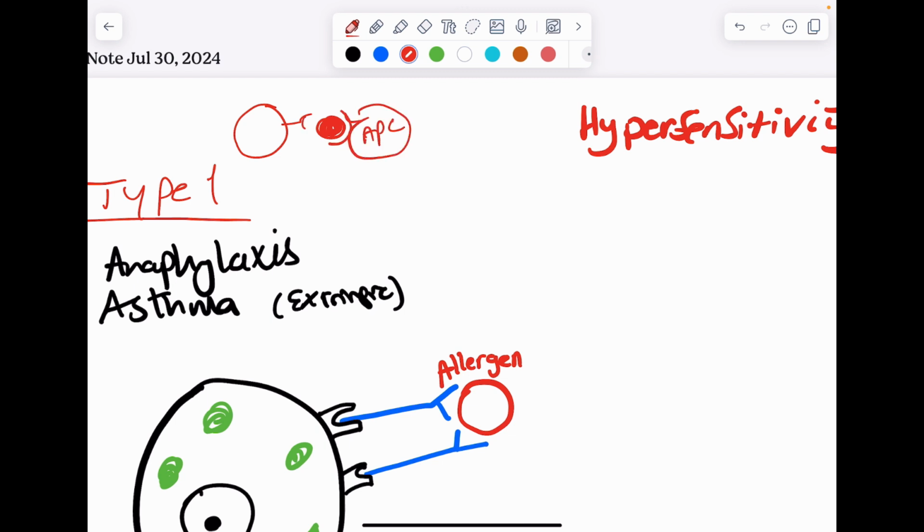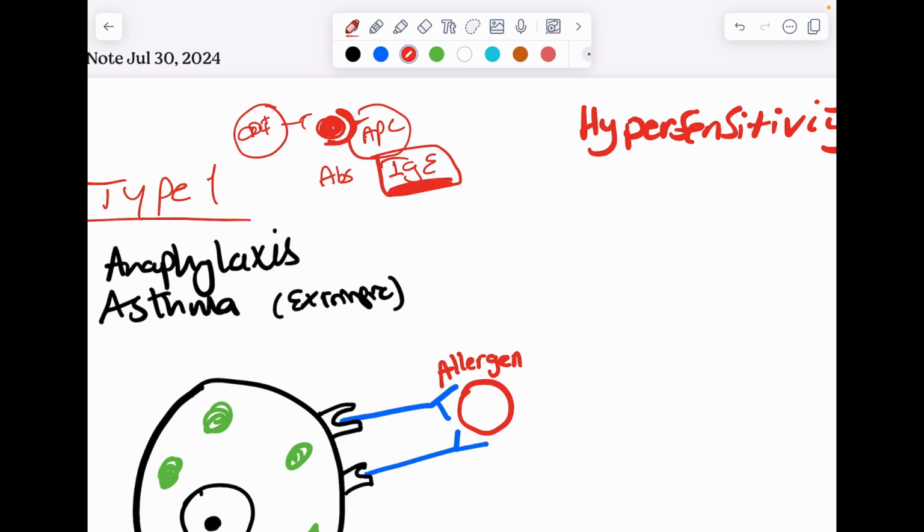So an antigen presenting cell is expressing it here. The CD4 T cells, now that it recognizes it, will start promoting the formation of antibodies against this antigen. What's different in allergic individuals is that these antibodies will be IgE rather than IgG or IgA.